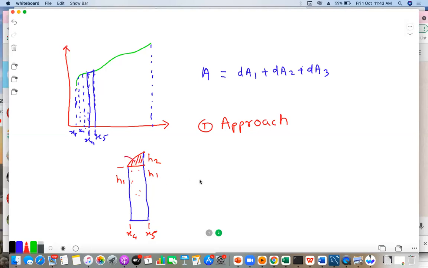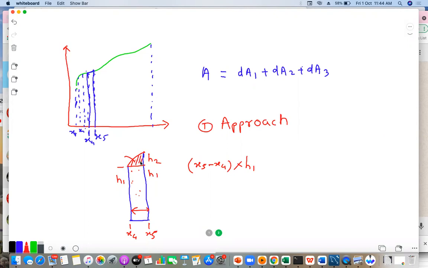And so now my area will be x5 minus x4, simply the width, and this is the height, h1. In the first approach, I am just calculating the area of the rectangle, and this is my area error, because the exact area is this much, right?